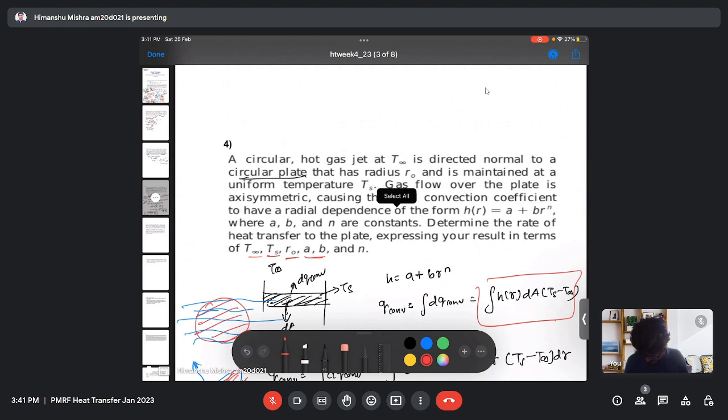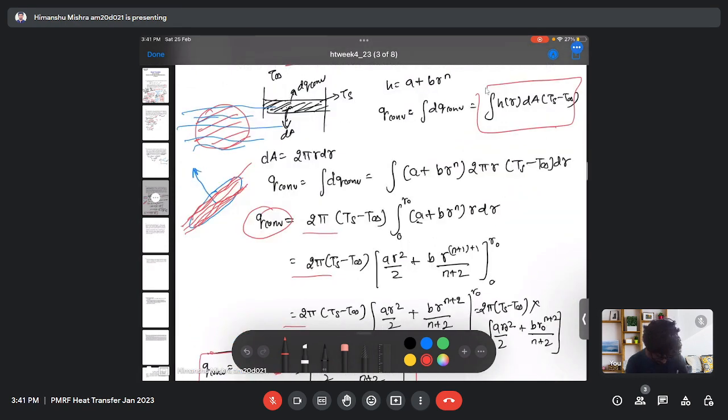That means your jet is directed to the 2 pi r squared, isn't it? No, sorry. In that case also, it will be pi r squared only.